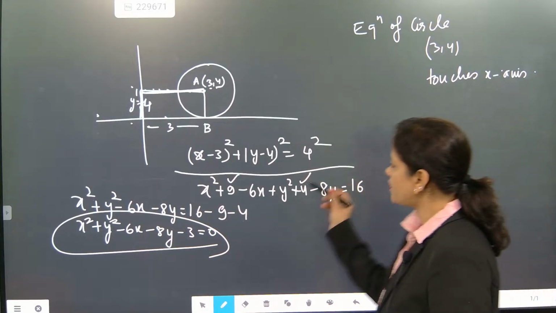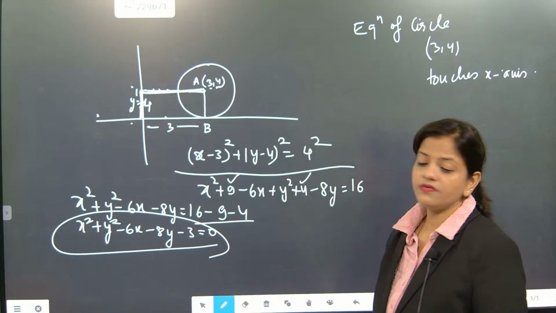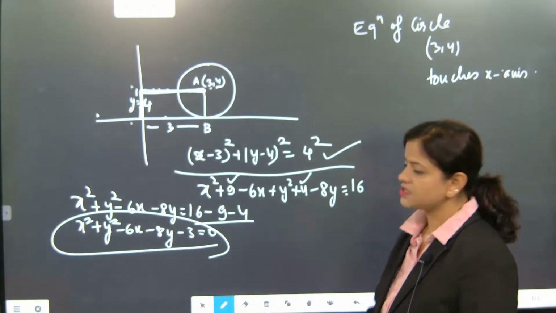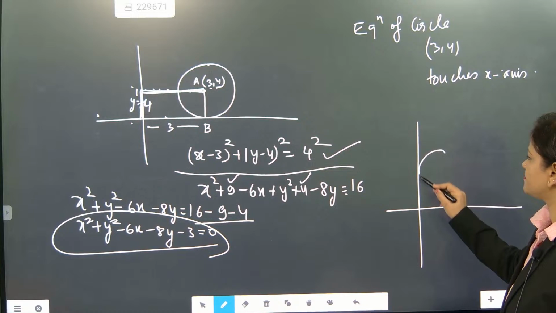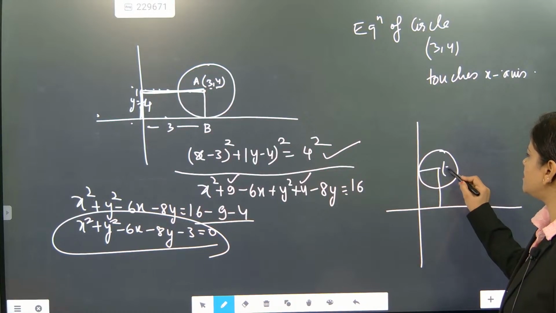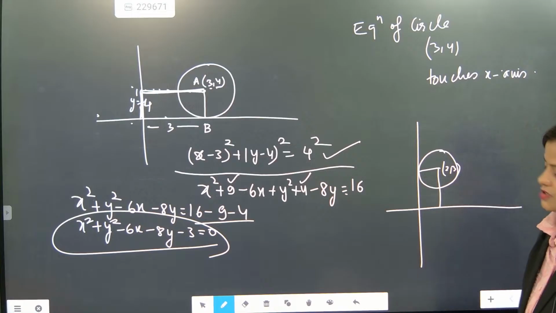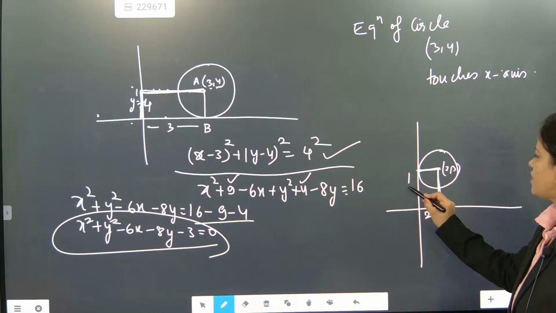You see, this will become the standard equation. If the circle is touching the y-axis, then whatever the center is, say the center is given as (2, 3), this distance and this distance remain the same. x is 2, y is 3.